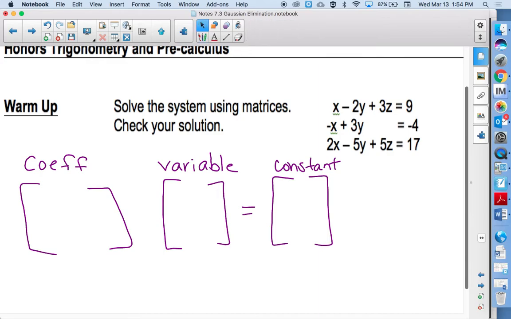So a system of equations can be placed in matrix form by using the coefficients that are in your equations. And you go through the first equation and list the coefficients.